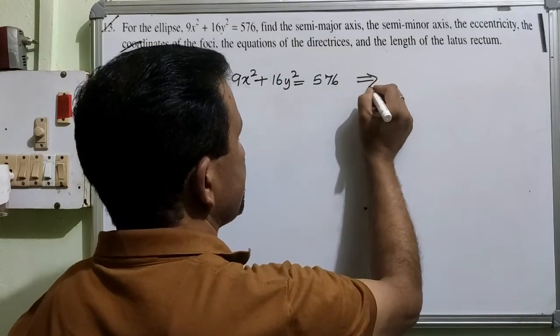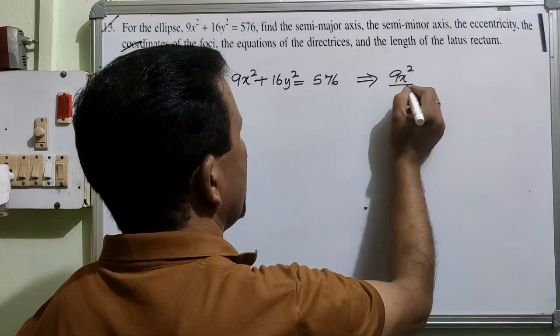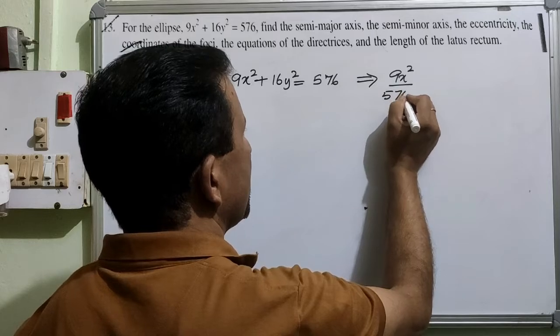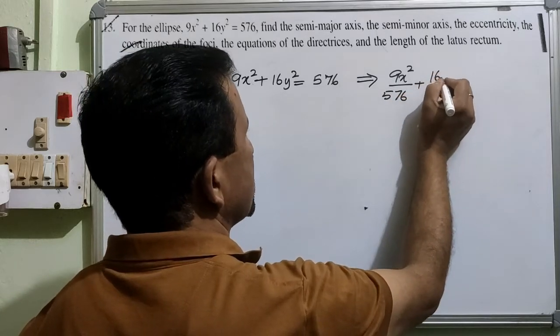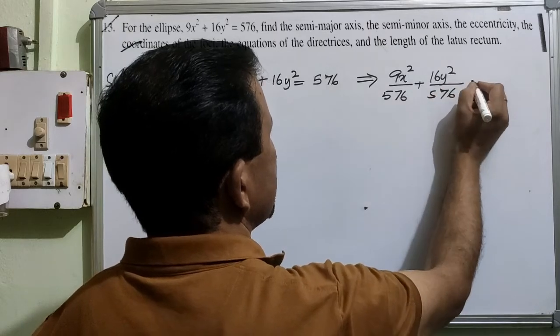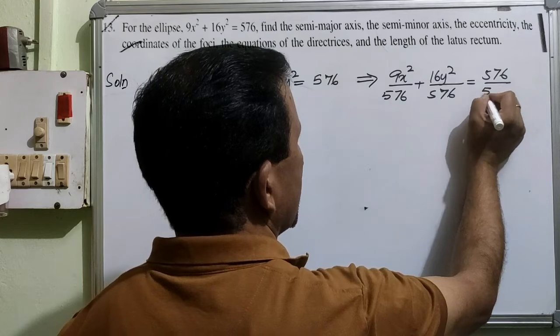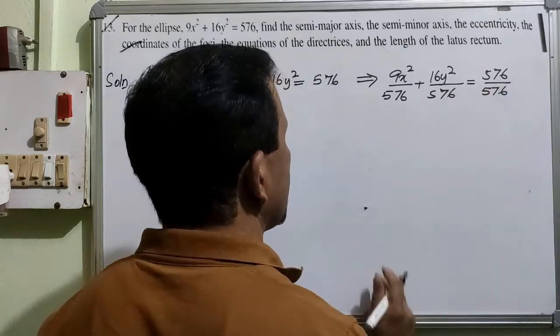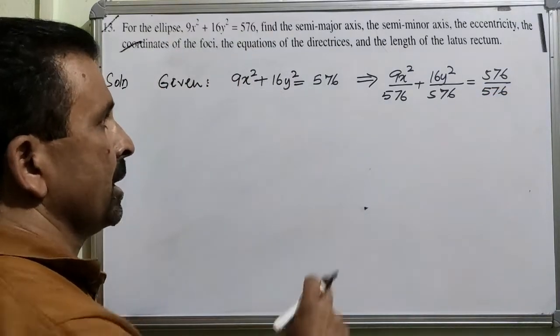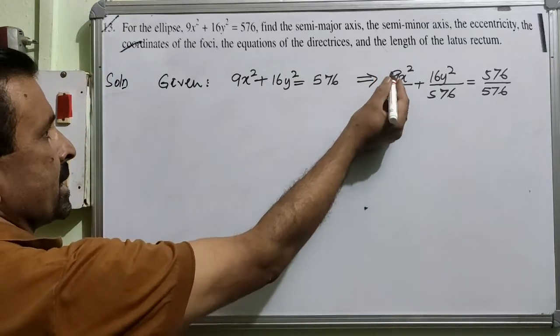This implies we are going to divide 9x square over 576, then 16y square divided by again 576, and on the right hand side 576 is divided by 576. What happens is, as a result, we can simplify. 9 6s are 54.